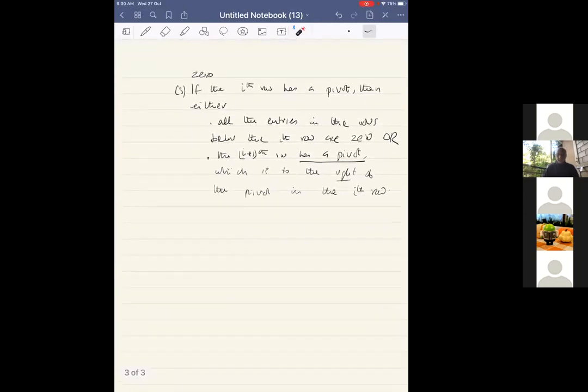Okay, so let us see how we can build up a matrix in row echelon form. You start with a matrix like this.